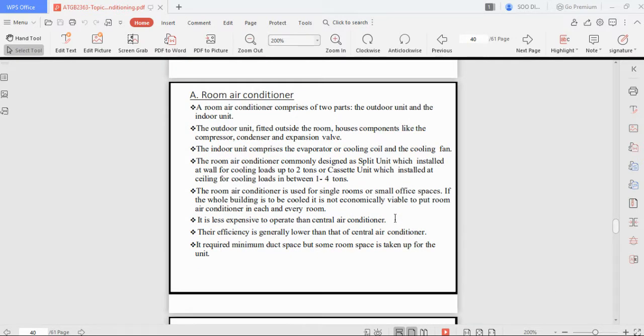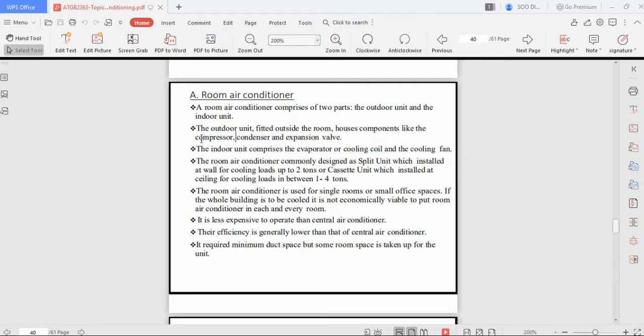A room air conditioner is comprised of an outdoor unit and an indoor unit. The outdoor unit hosts components like the compressor, condenser, and expansion valve. This unit is where all the exchange of heat occurs.